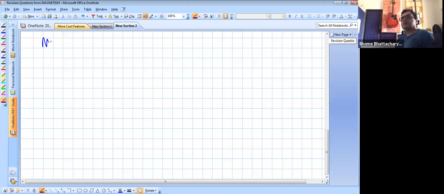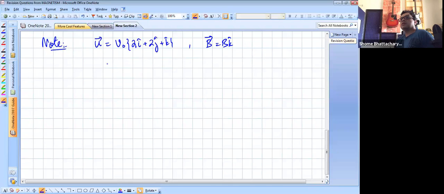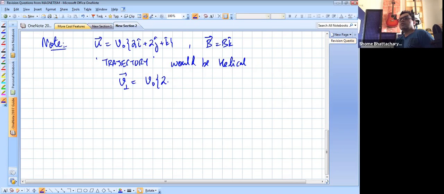You can understand here that this being the case, the trajectory of the particle would be helical, such that the perpendicular component of velocity here is v naught into 2 i cap plus 2 j cap.